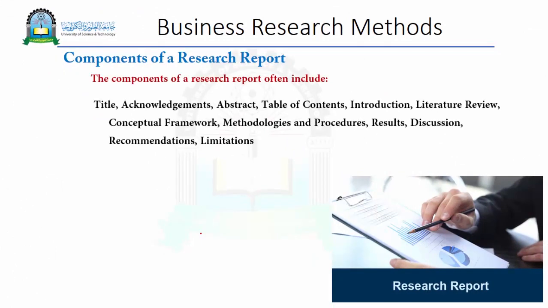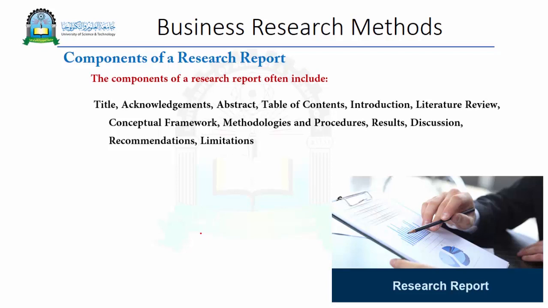Now, what are the main components of a research report? This is very important to be discussed. It depends on what should be detailed in the research report, what is important to be reported to the reader or the researchers or anybody who needs to get the benefits of the findings here.